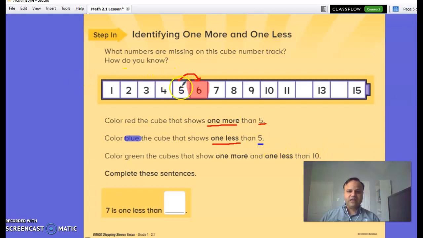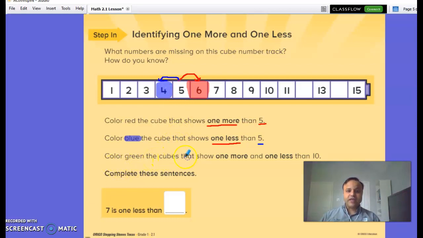So I go to my 5 and now I go one less to my left because it's one less. Right now, I'm going to color number 4, that is the number that is one less than 5. So let's color this one blue. Very good.